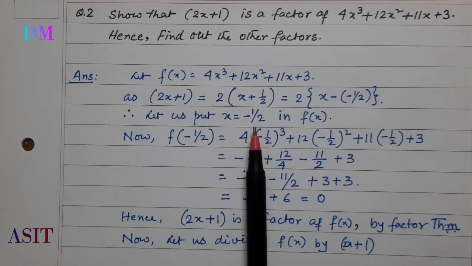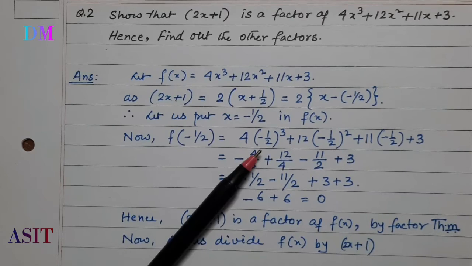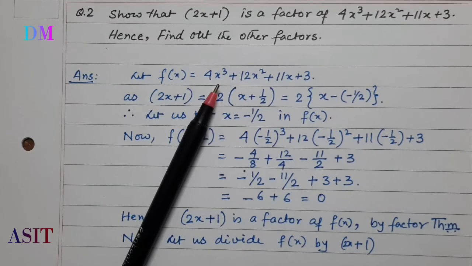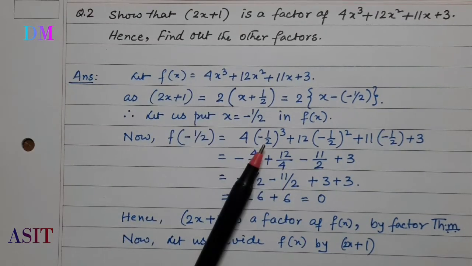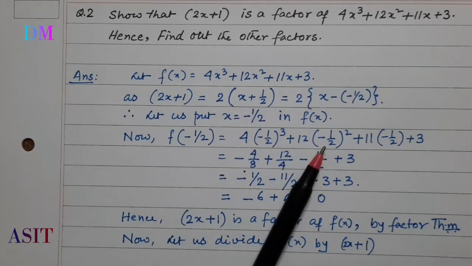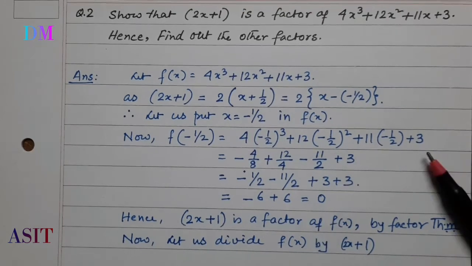Hence, we should put x equals to minus half in the polynomial f(x) to check whether it is giving 0 or not. So here I put x equals to minus half in place of x. So x cubed will become minus half whole cubed, x squared will become minus half whole squared, and x will be minus half.